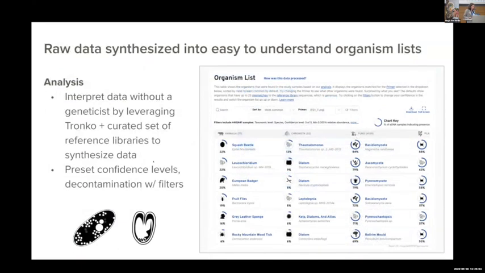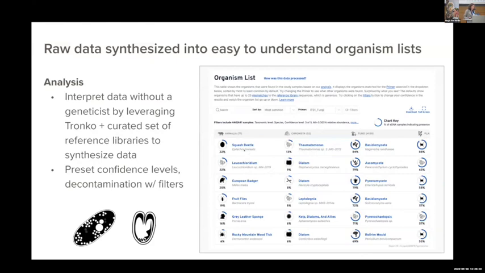Then you get into the meat of it, which is the organism lists. And so on this platform, you can upload sequence data and get really high quality organism lists without needing to interact with a geneticist who you may or may not know, that leverages this really cool Tronco backend and a supercomputer that's running at University of Indiana, and can get you results in a couple days instead of what typically can take over a month.